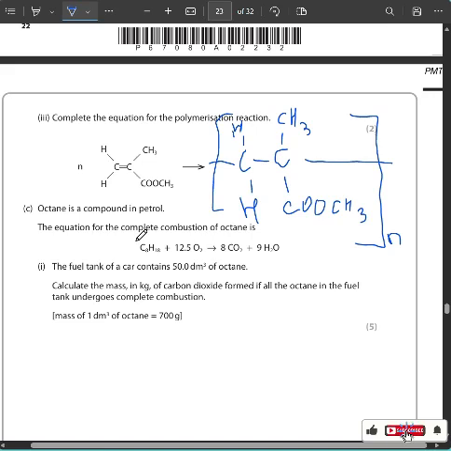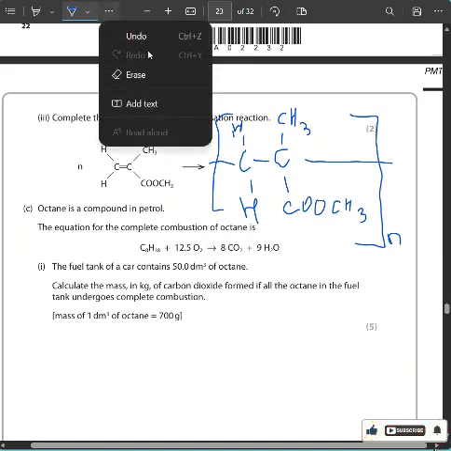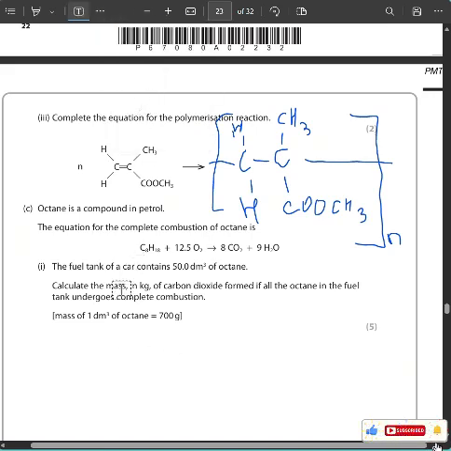Calculate the mass in kilogram of carbon dioxide formed if all the octane undergoes complete combustion. Firstly we multiply 50 by 700, and it is 35,000 grams.